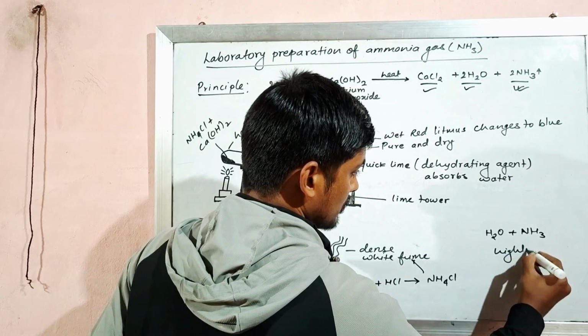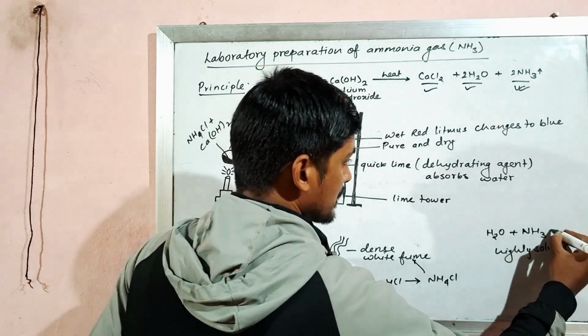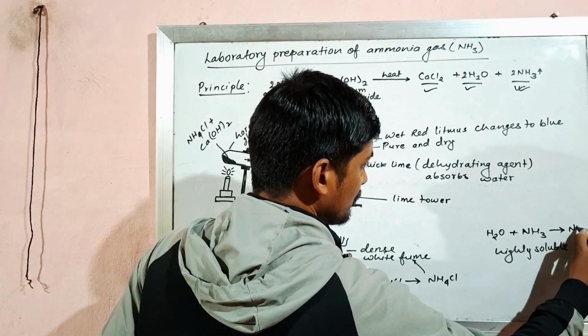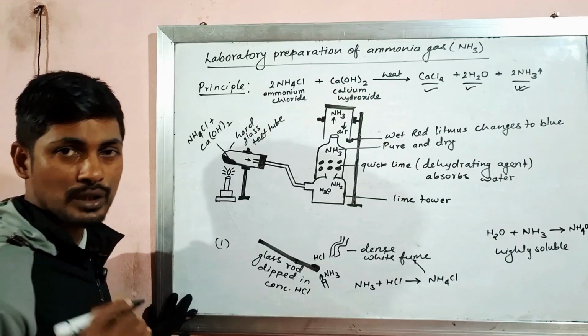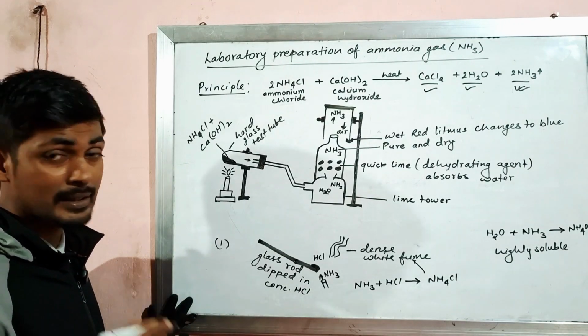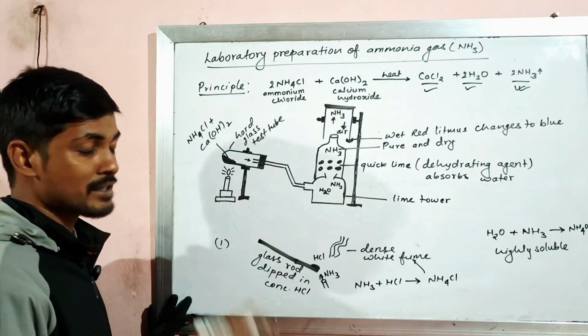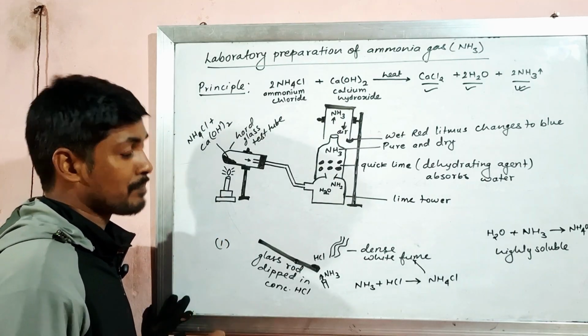Since it is highly soluble, it reacts with water and forms ammonium hydroxide, due to which we will be unable to collect ammonia gas if we try to collect it in the gas jar containing water. That is why it is not collected in the gas jar containing water.